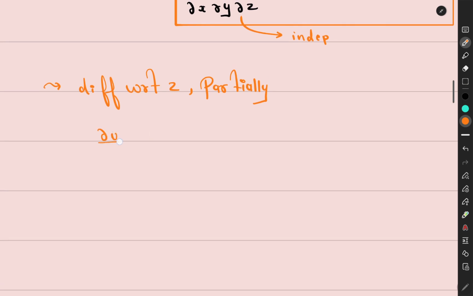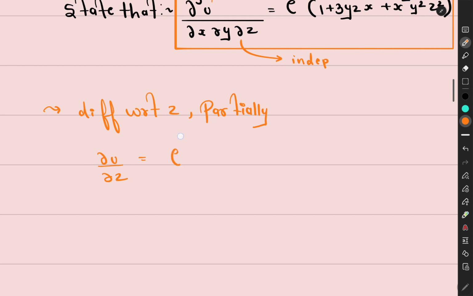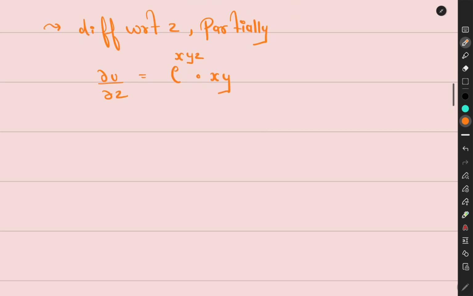So ∂u/∂z will be equal to e raised to xyz into xy. And now again, differentiating the same equation with respect to y partially.